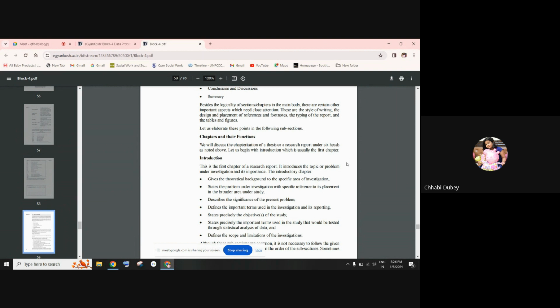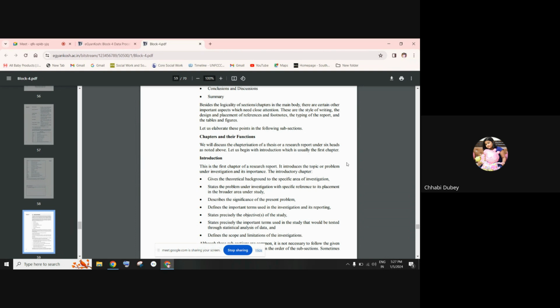So, if we are investigating any problem related to old age, or any problem related to juvenile delinquency, then you are going to discuss the theoretical background to that specific area of investigation, what exactly the investigation area is all about. You are going to state the problems under investigation with specific reference to its placement.